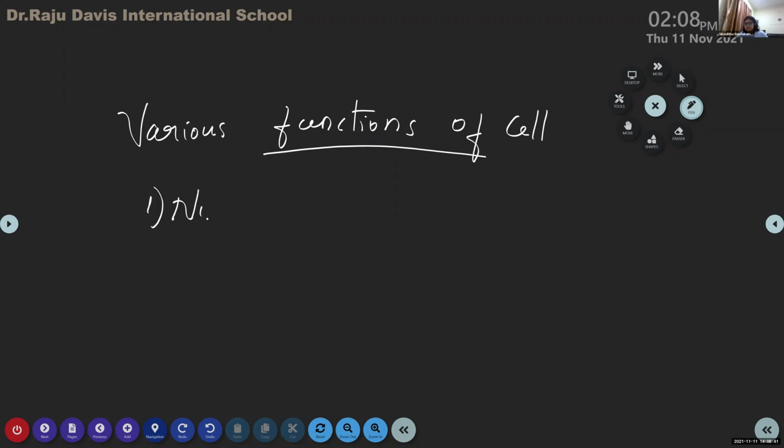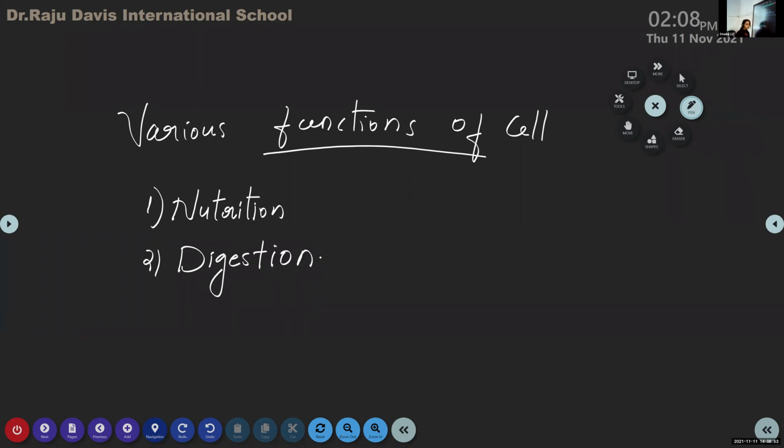Nutrition. Breakdown of food, which is called digestion. Growth, or transportation of various nutrient products to the different parts of the body. It is a function of the cell.